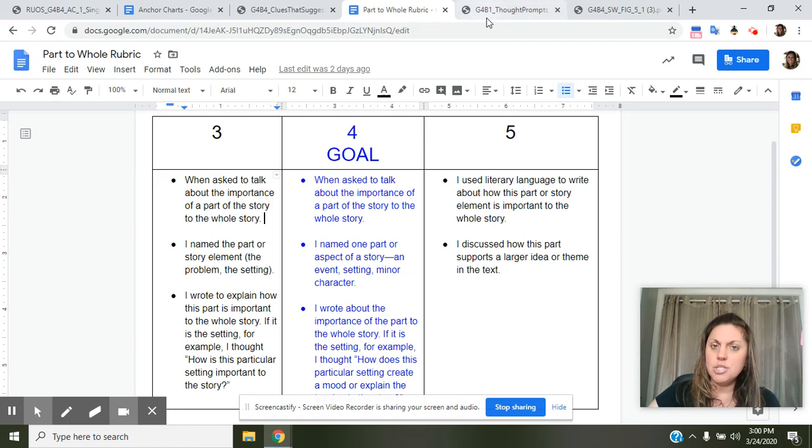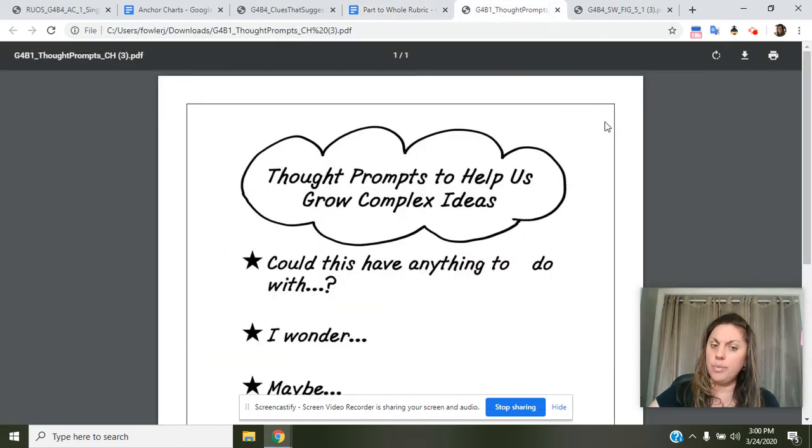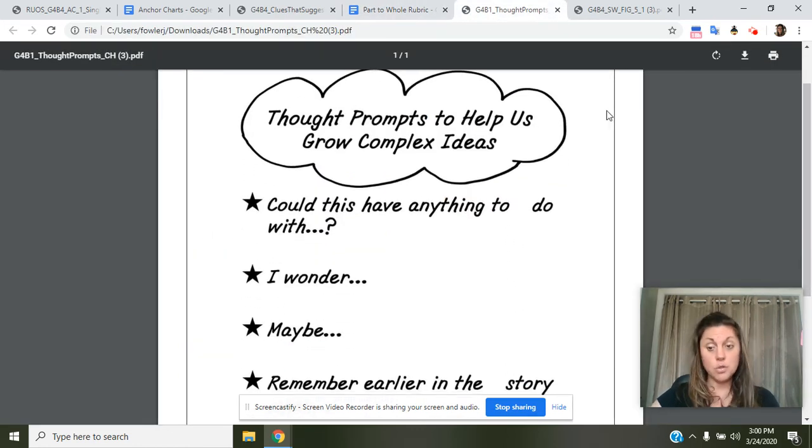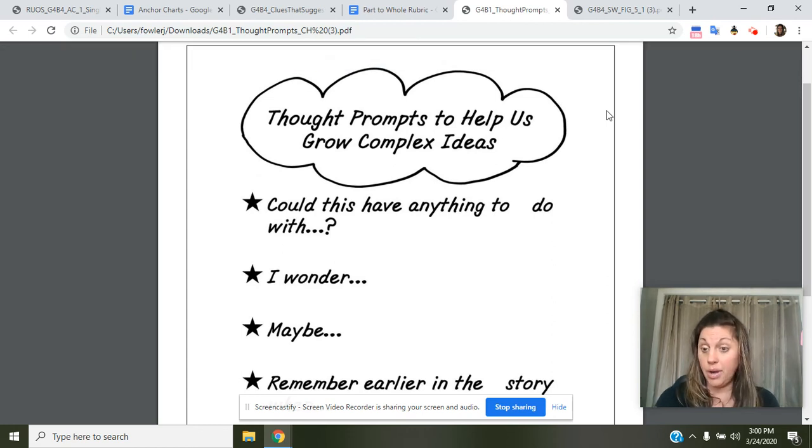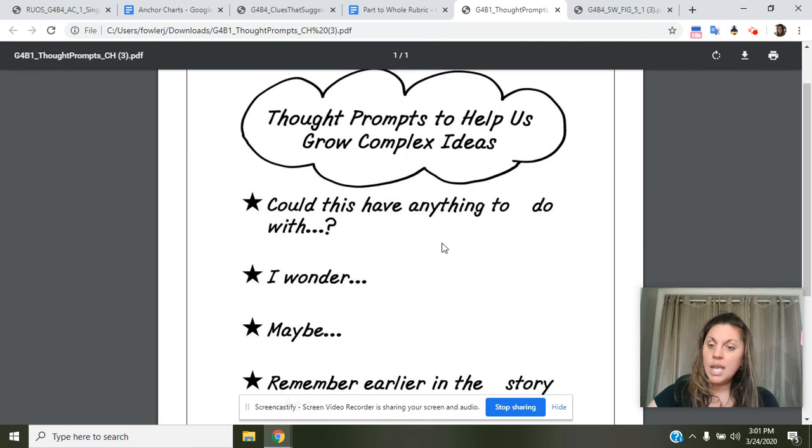And today, especially, I need you to pull up the thought prompts because some of you who did answer maybe just told me about the part, but you didn't tell me why you thought it was even important. Maybe you don't know yet, but maybe you can suggest why. You wrote it there for a reason, right? Why? And if you're having trouble doing so, pull up these thought prompts and try to help you write longer and stronger on it.